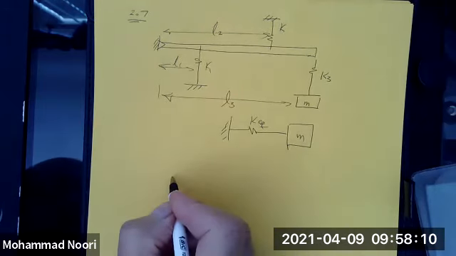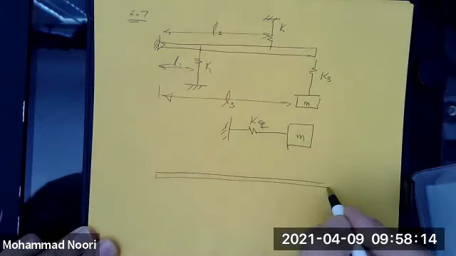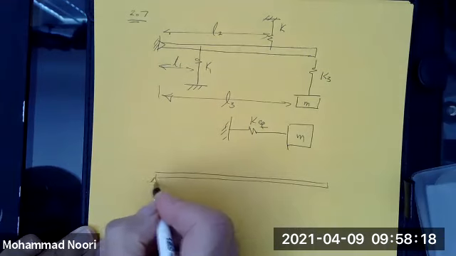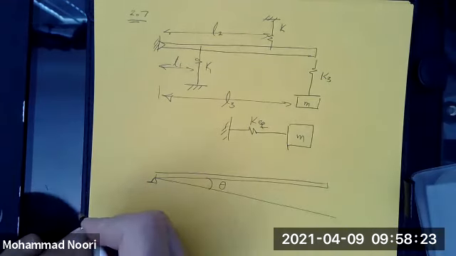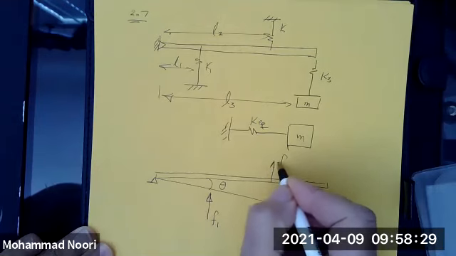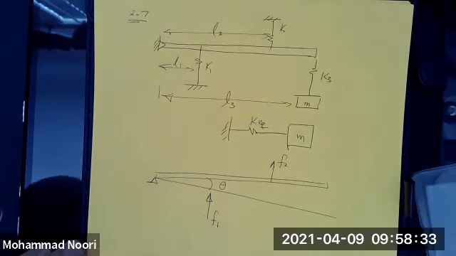How? What I would say is this. This is a rigid beam, of course massless, as the problem states, and it's going through this rotation theta. As this beam is going through rotation theta, this spring is going to generate a force F1. This spring is going to generate force F2.